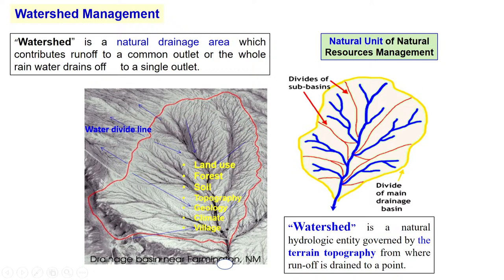In a watershed, we study land use cover, forest cover, soil, topography, geology, climate, and village area. By this we can assess these resources and go for optimal utilization of these natural resources in an efficient, sustainable way.